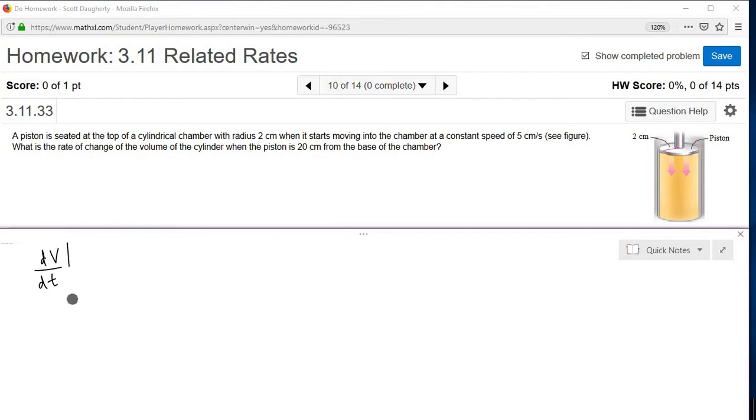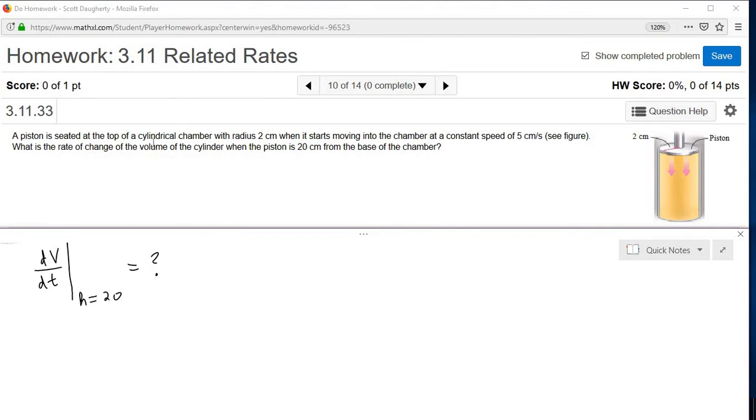So we're going to evaluate this derivative when h is 20. That's the rate of change that we're looking for, essentially this derivative evaluated at h equals 20.